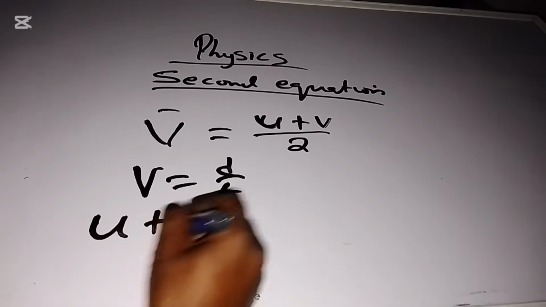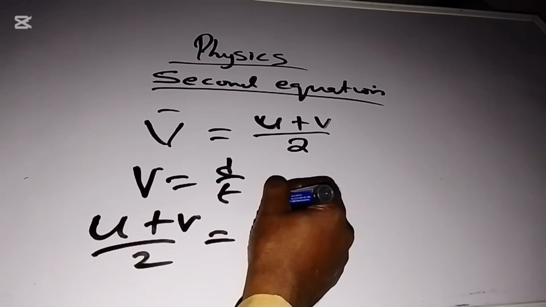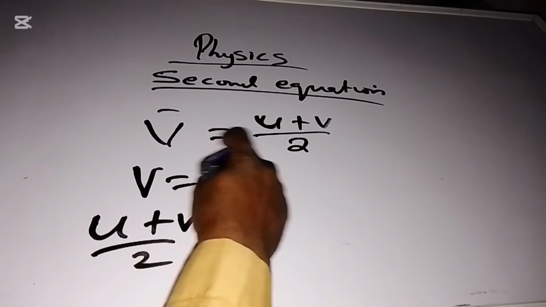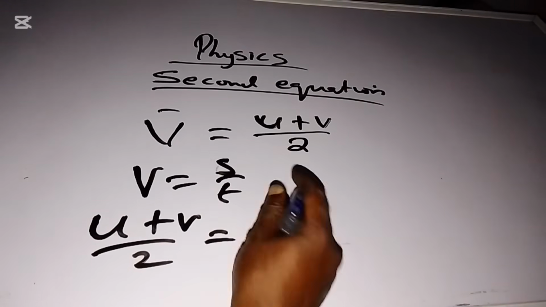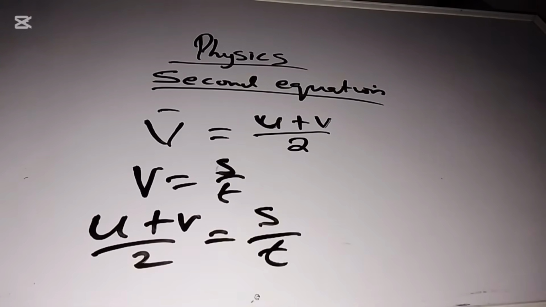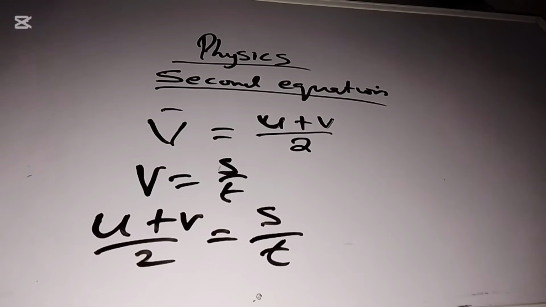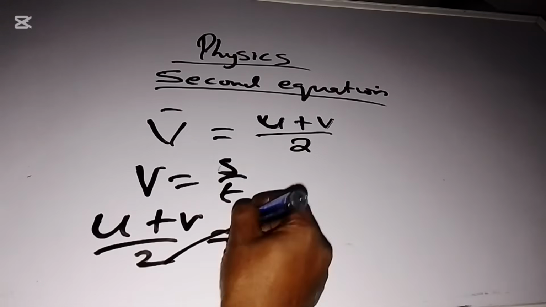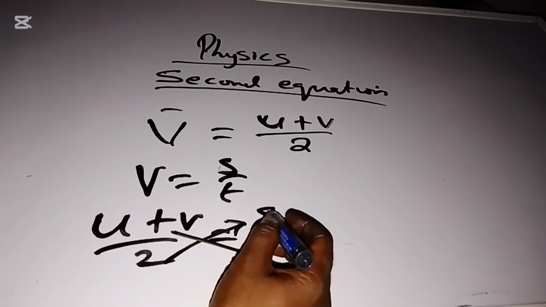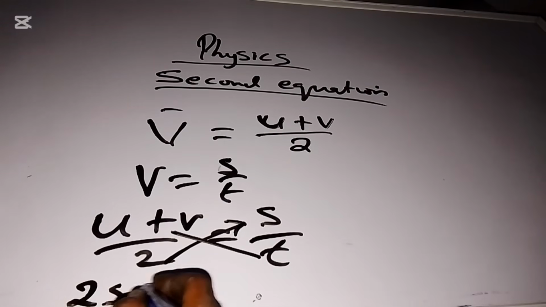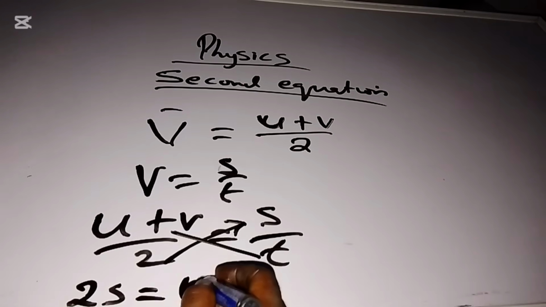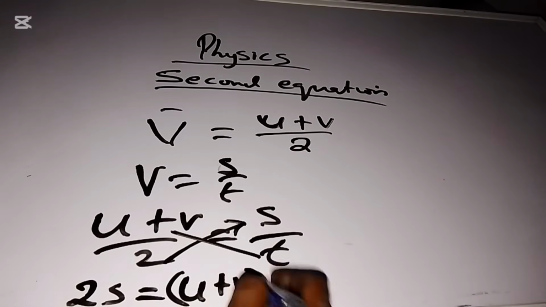U plus v over 2 is equal to our distance. We normally use s to denote distance when we are writing the equations of motion. So this will be s over t. Now, if you do a cross multiplication as you did earlier, 2 times s will give you 2s, and t multiplying u plus v will give you u plus v multiplied by t.